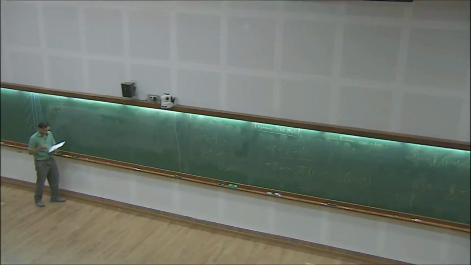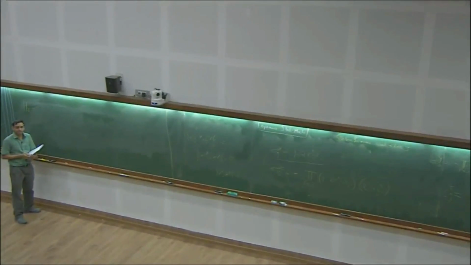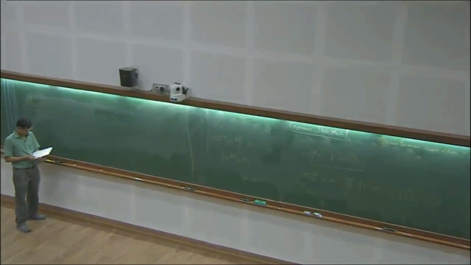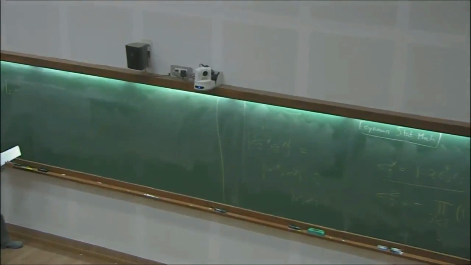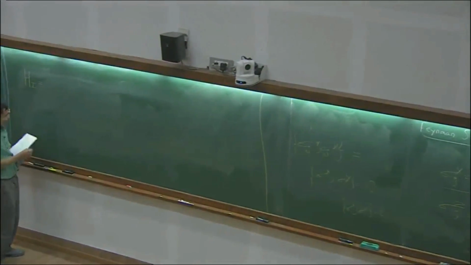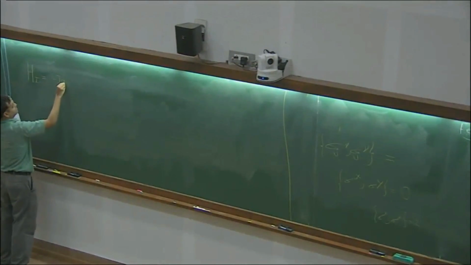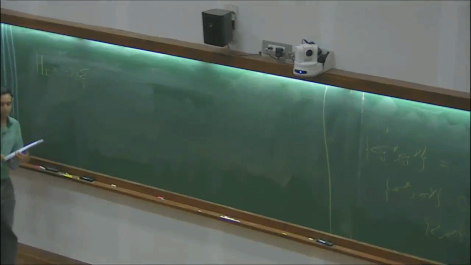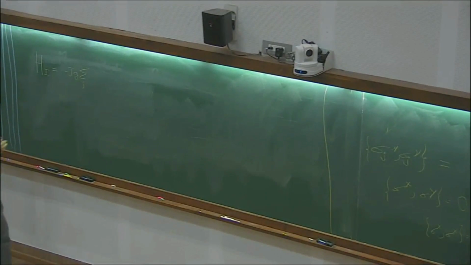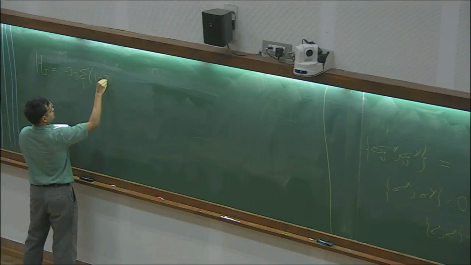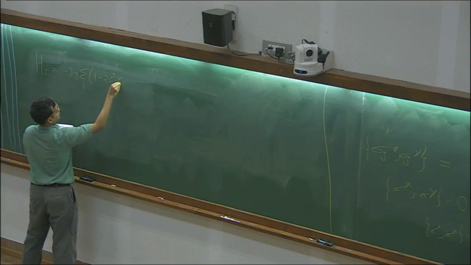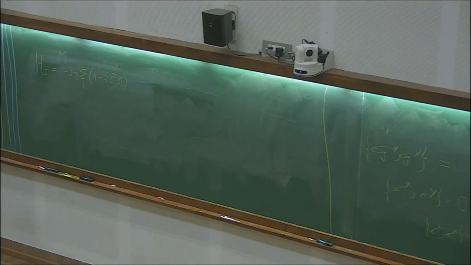Would somebody like to tell me what you get? Do the gamma term first, the transverse field term. What do you get? Minus J sum over j. What does this term do? Good. Okay. Now the other term.